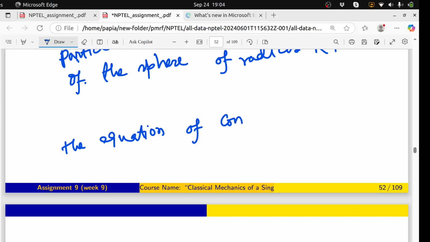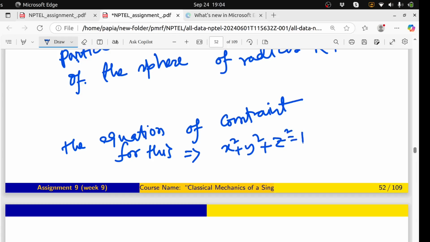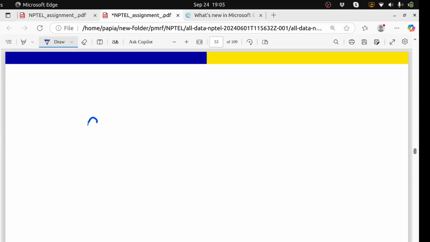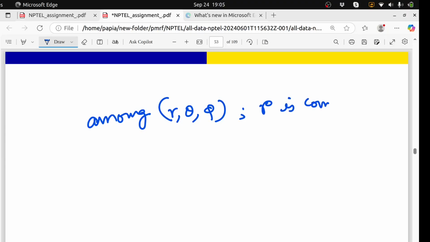So that means the equation of constraint for this is x square plus y square plus z square equals r square, or let's say r square equals R square. So I can say that in r, theta, phi, r is constant.